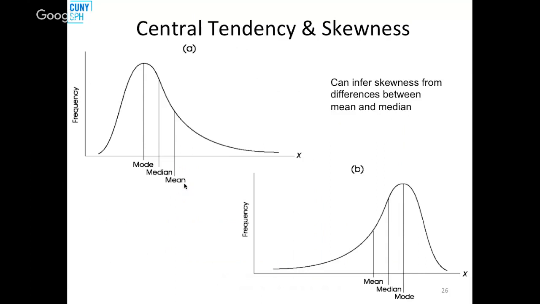So if I tell you that the mode in a histogram is here, the median is somewhat greater than that, and the mean is even greater than that, then even if I don't show you anything about the distribution, I only tell you what the mode and the mean are, you should be able to tell me whether that is a right skewed or a left skewed distribution. Got that? Remember that. I might ask you about that.